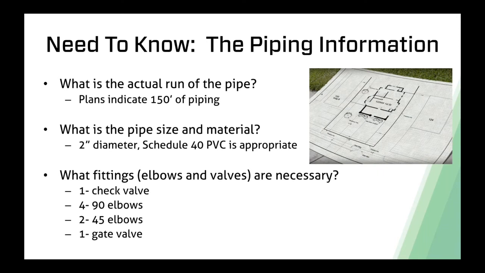And we can also see that the pipe diameter is 2-inch, and that Schedule 40 PVC is going to be appropriate for this job. So that's what we're going to use. The fittings that will be required to get us from inside the building out to the street, we're going to be using a check valve, 4 90-degree elbows, 2 45-degree elbows, and a gate valve.